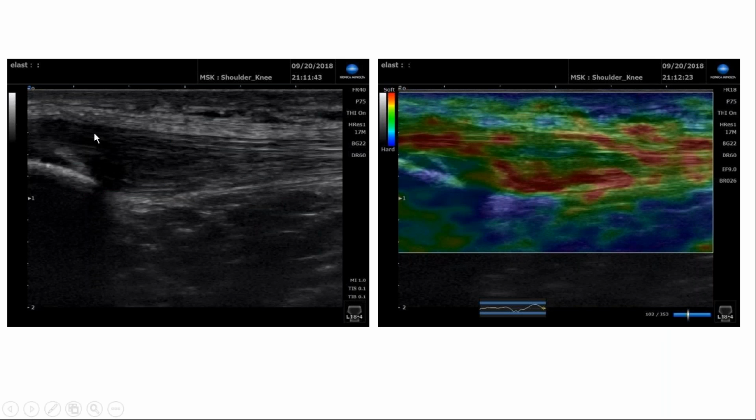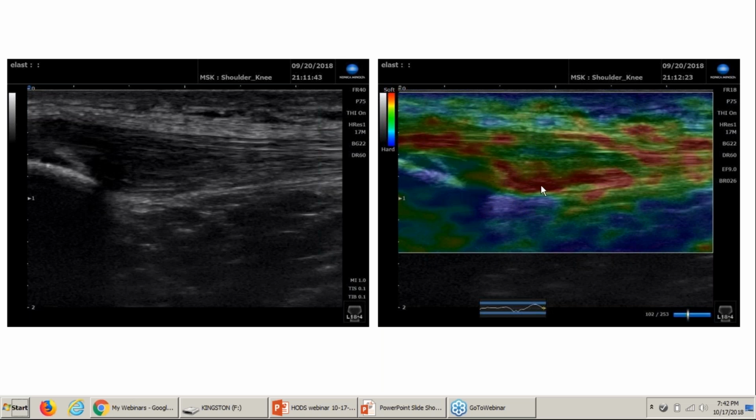You can see focal thickening here, hypoechoic areas, and then as we go distal, the tendon fibers are normal looking. Now when I turn the elastography on, on the right, you can see these changes. Look at the red areas: those are the softer areas, loss of elasticity, loss of stiffness of the tendon.